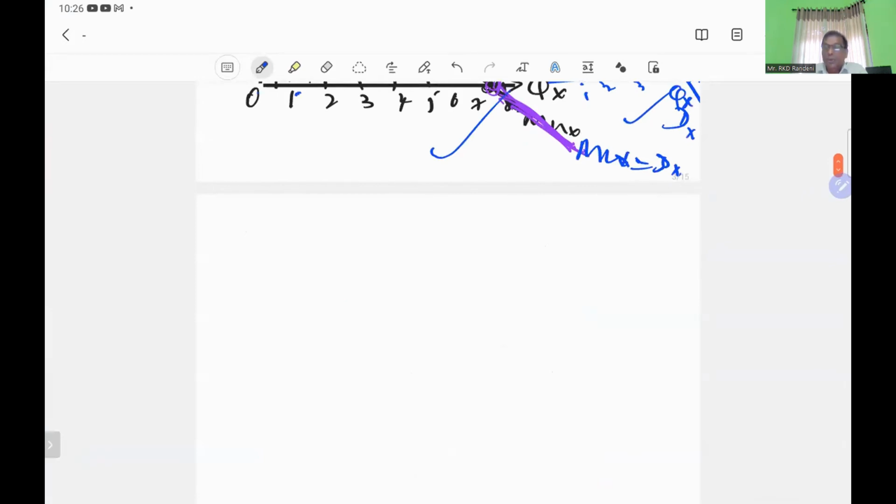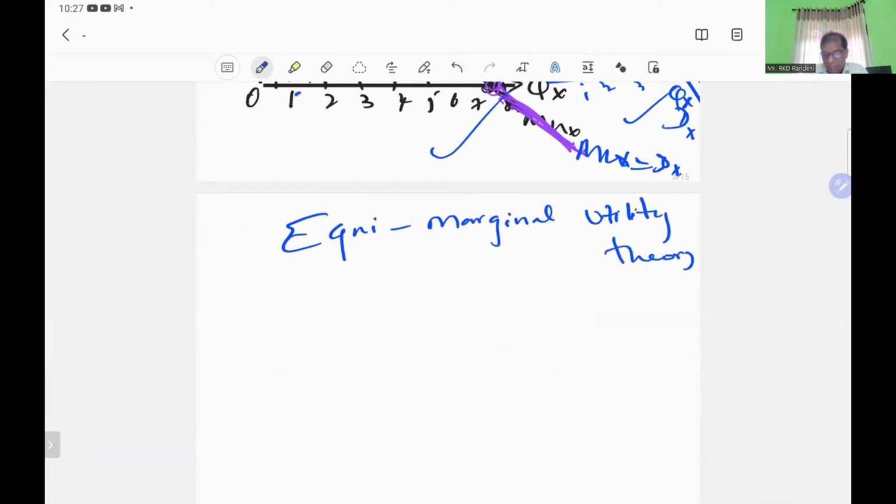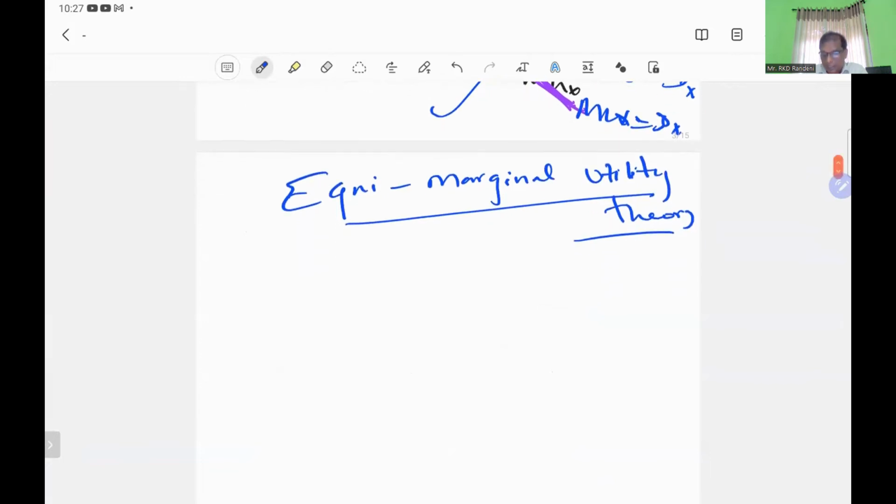Then next we are going to discuss equimarginal utility theory. In Sinhala it is called Samantika Upayogita Nyaya. Here we are considering that the consumer is consuming more than one commodity, maybe 2, 3, 4 like that.